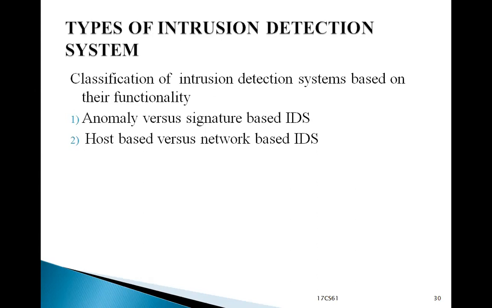If there is any change in the statistical values or their representation from the normal, then it is monitored by the IDS, and this kind of IDS is known as anomaly based IDS. The IDS will have to learn over time what constitutes normal activity, usage, and behavior.